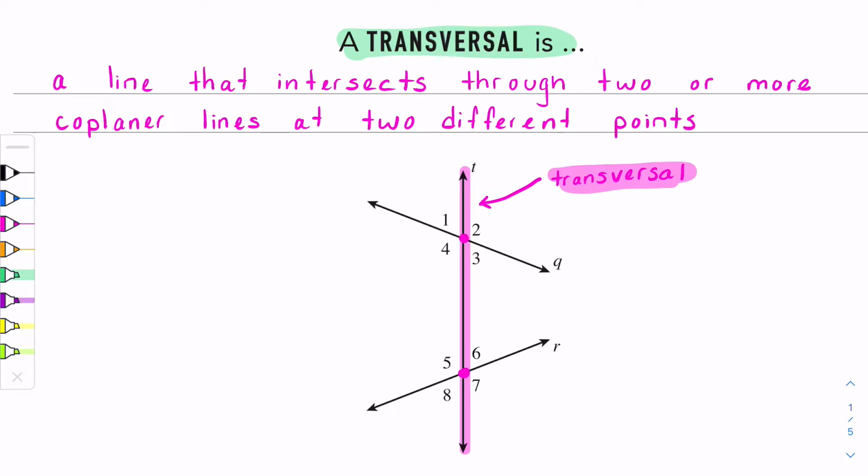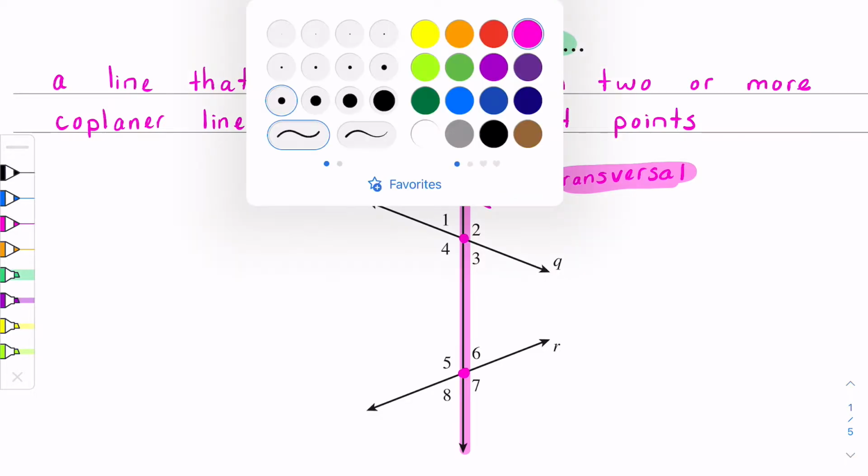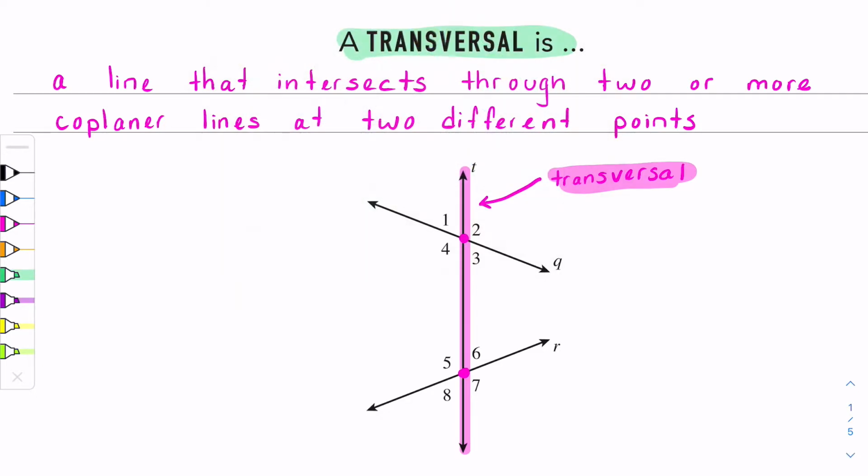Besides the transversal, a couple other key parts to look at on this graph are your points that lie outside of the coplanar lines. These are called, or in these regions, you would have your exterior points.